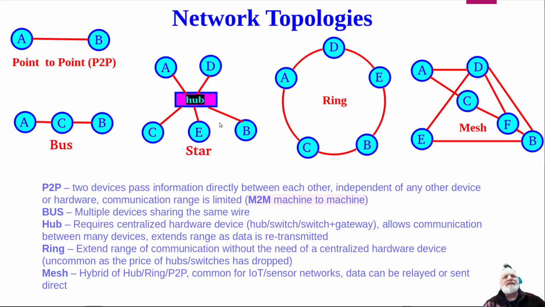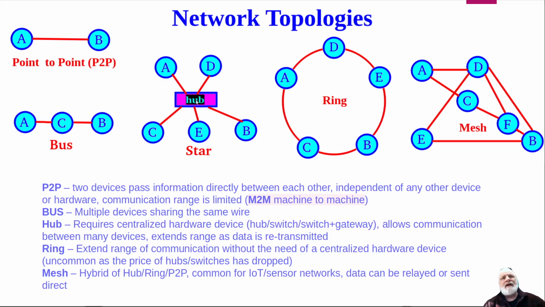Then we have a star type connection. In the center we have something that is called either a hub or a switch. The idea is that if A wants to send a message to B, A sends it to the hub.